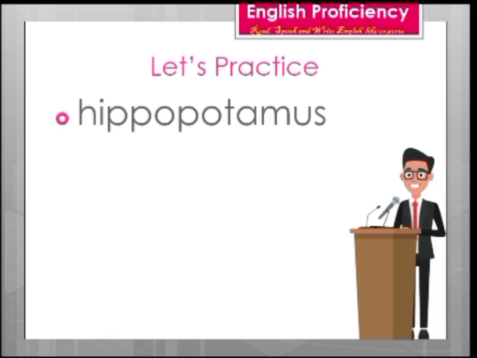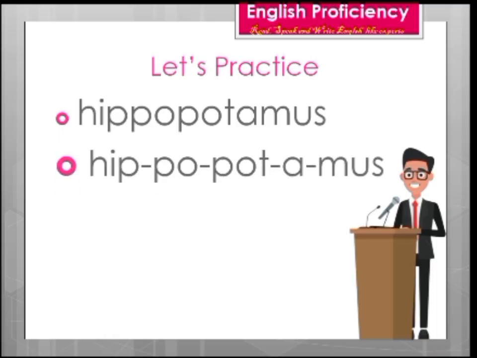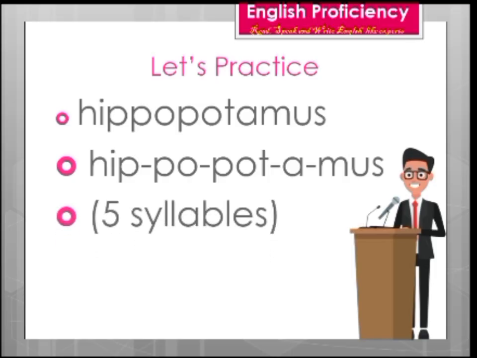You have the first syllable, which is hip, po, po, ta, mus. Let's count the syllables. 1, 2, 3, 4, 5. There are 5 syllables in the word hippopotamus.